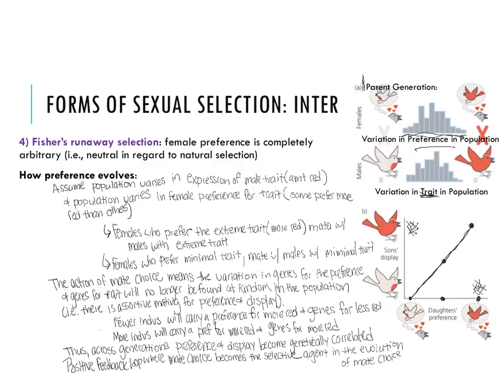So mate choice in one generation reinforces mate choice in the next generation and actually can drive stronger and stronger preference for red. All right?